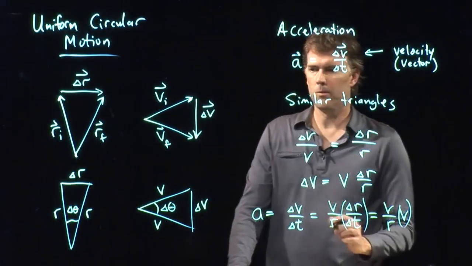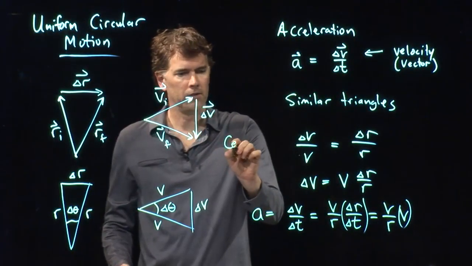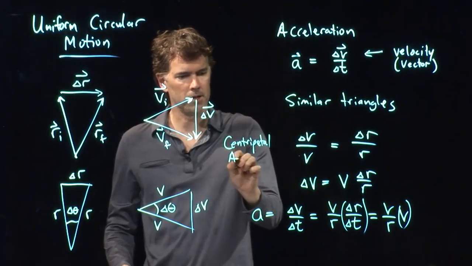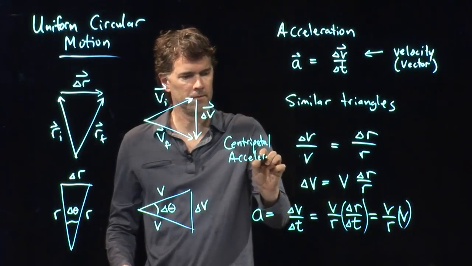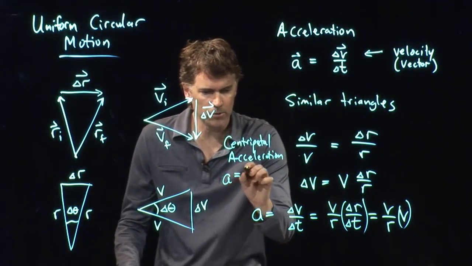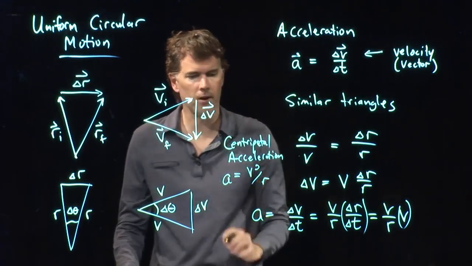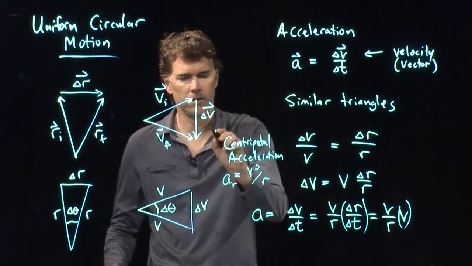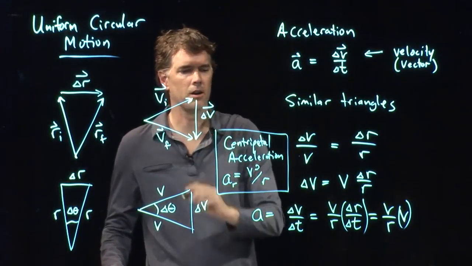And so we get what we now call centripetal acceleration. And it is a equals v squared over r. And we typically put a little subscript on it, either c or r.